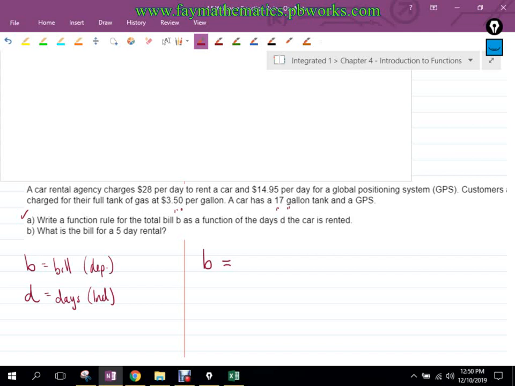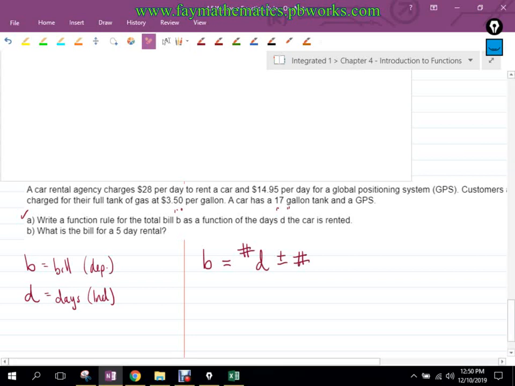Right now, everything we do is going to be linear, so you're going to have some number times D plus or minus some other number. That's the structure of pretty much all of these formulas.